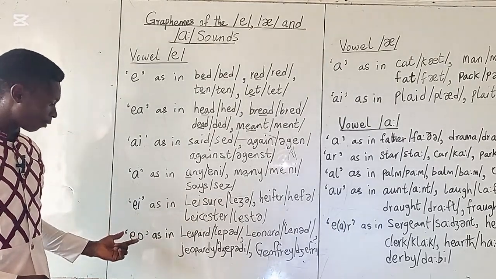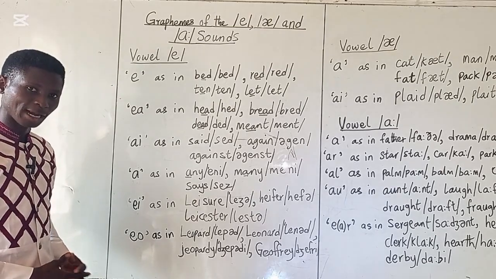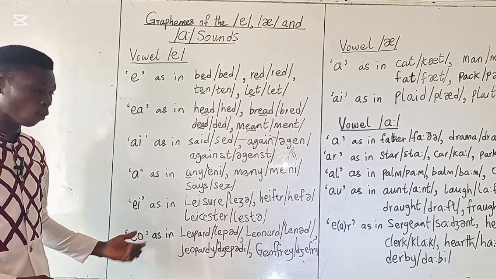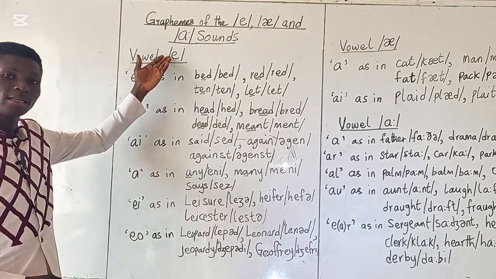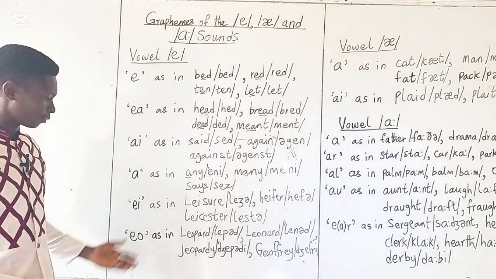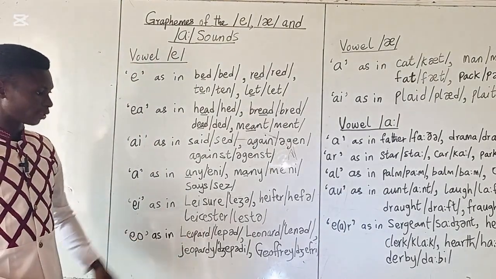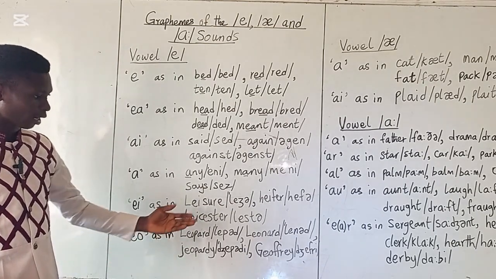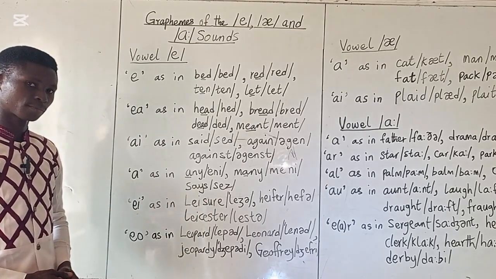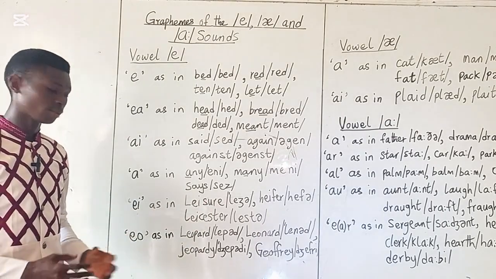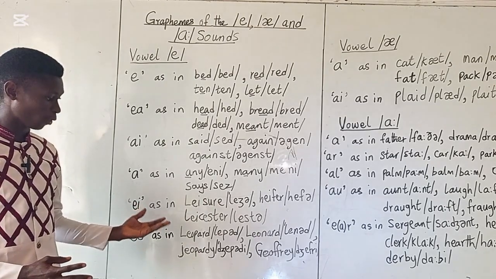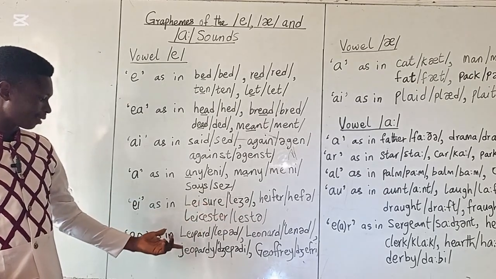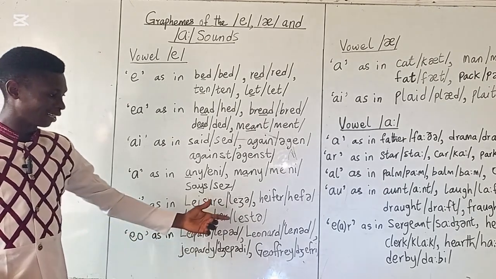Okay, we have the last one and a very important one at that, which is EO as the grapheme for the sound A, as in leopard, Leonard, Jeopardy, and Jeffrey. Most times, people mispronounce these words as leopard, Leonard, Jeopardy, and Geoffrey.